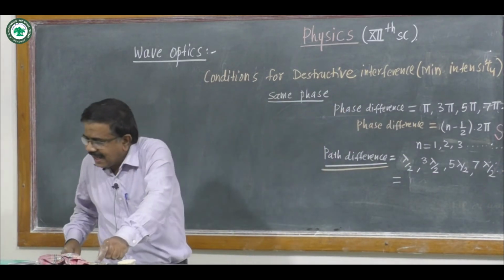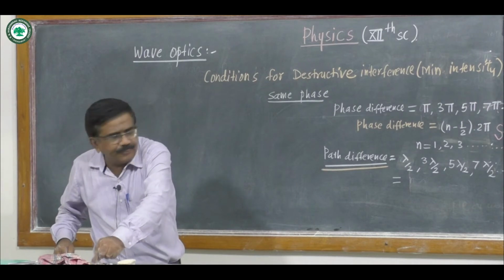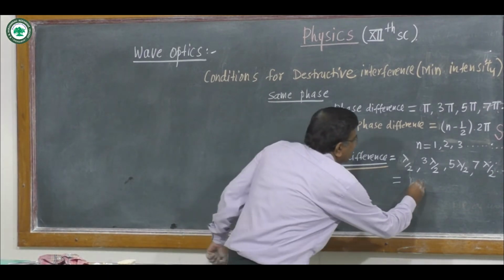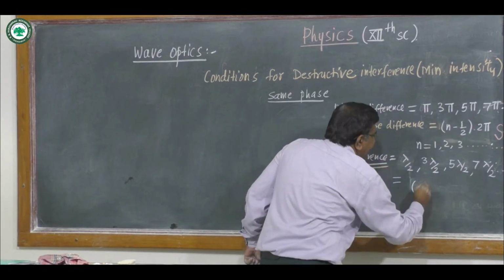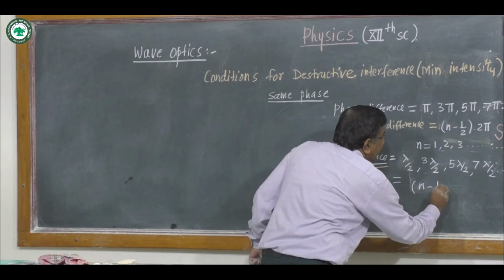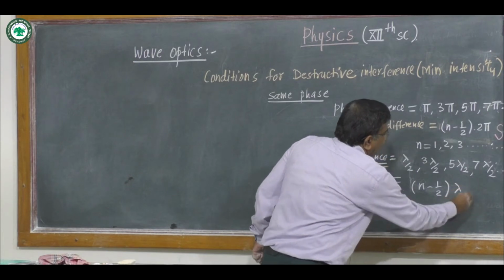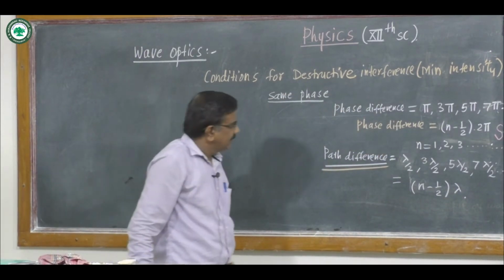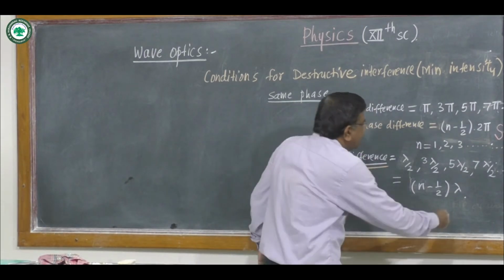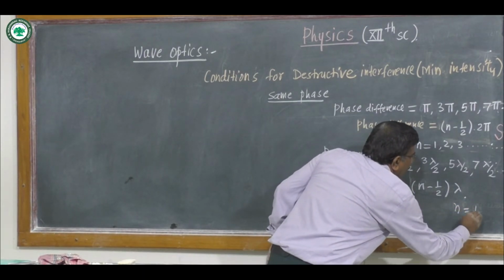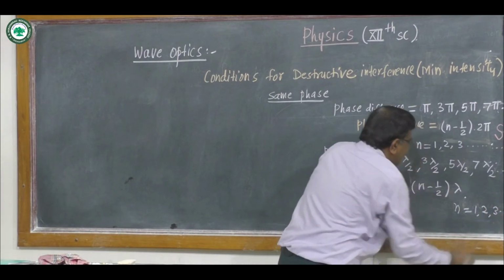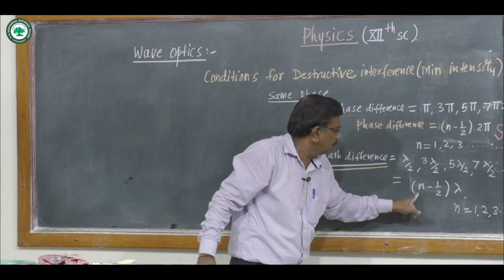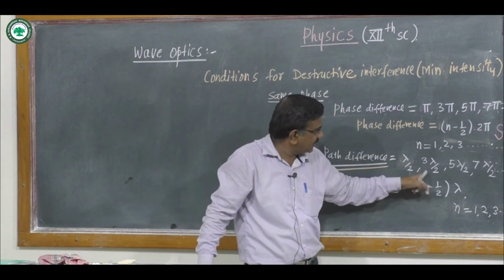Or we write it in terms of path difference as (n minus half) into lambda, where n starts from 1, 2, 3. If n is 1, (1 minus half) is lambda by 2. If n is 2, (2 minus half) is 3 lambda by 2.